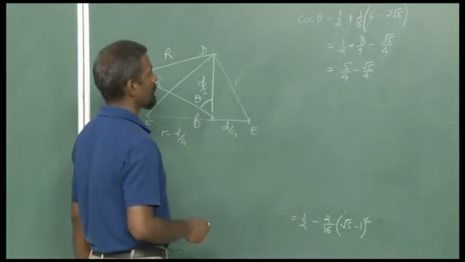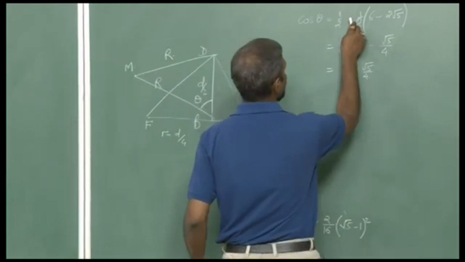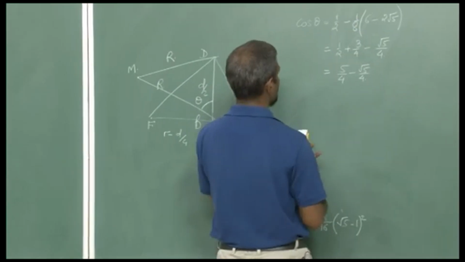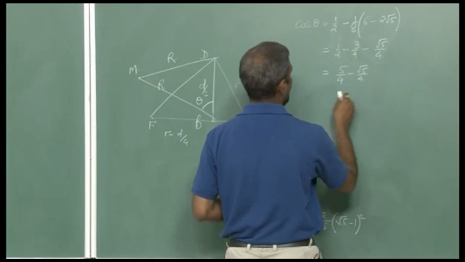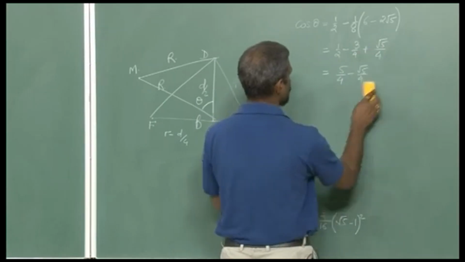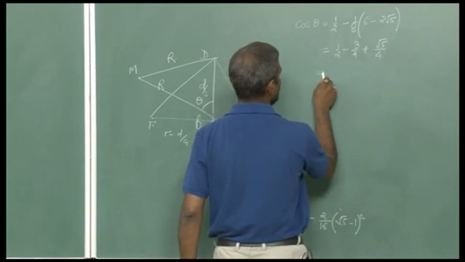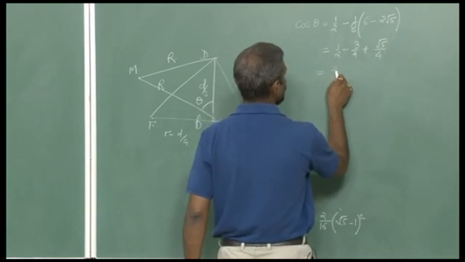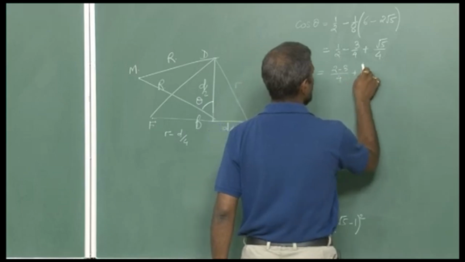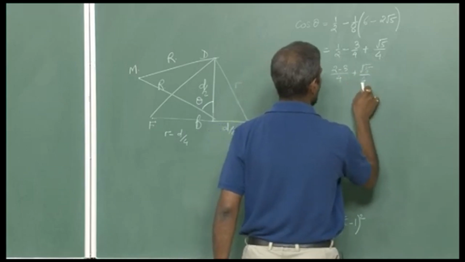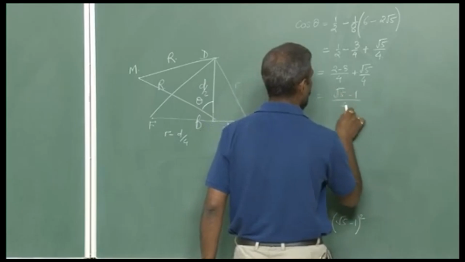So this is a negative sign here, because of which this would be negative, and this would be positive, and so this actually would be equal to 2 minus 3 over 4 plus under root of 5 over 4, which is root of 5 minus 1 over 4.